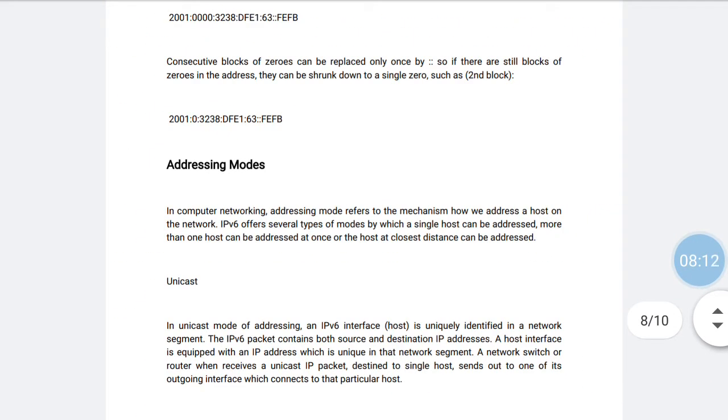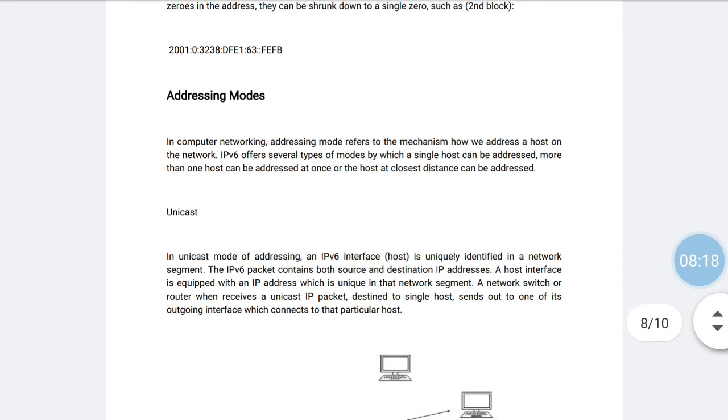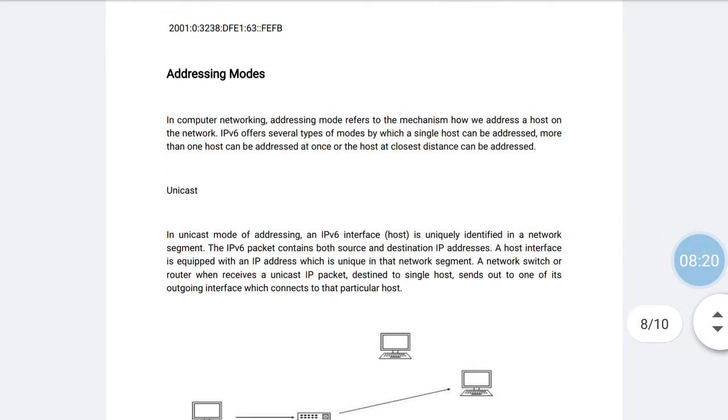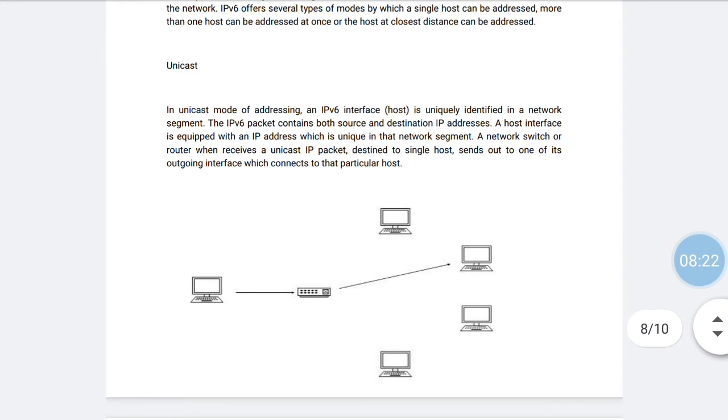Now, addressing modes of IPv6. There are 3 addressing modes in IPv6. First is Unicast. In Unicast addressing mode, an IPv6 interface is uniquely identified in a network segment, and the IPv6 packet contains both source and destination IP addresses. A host interface is equipped with an IP address which is unique in that network segment.